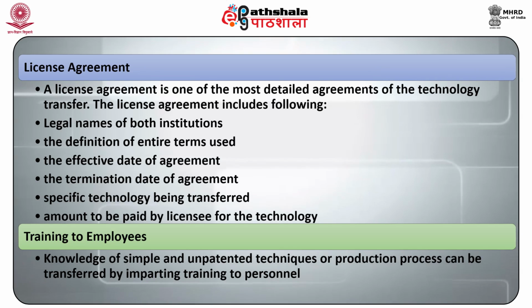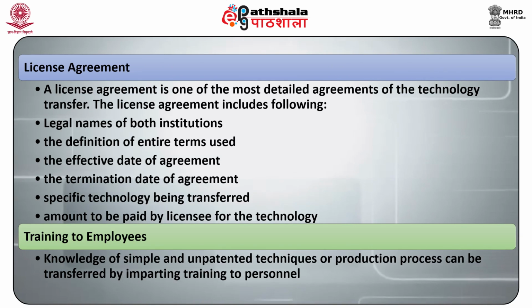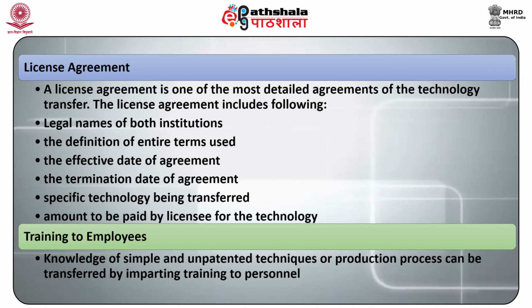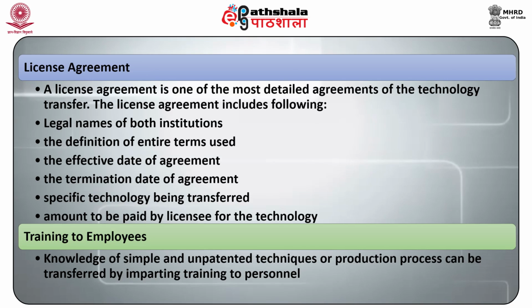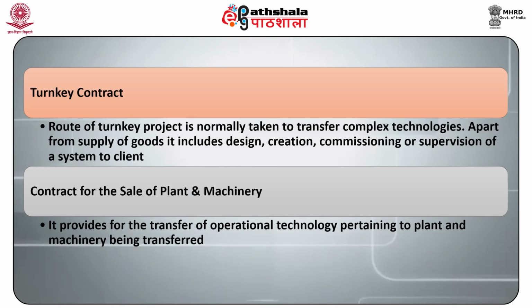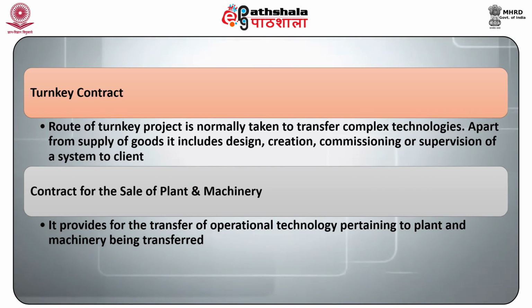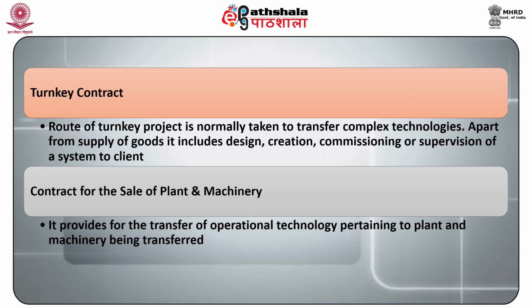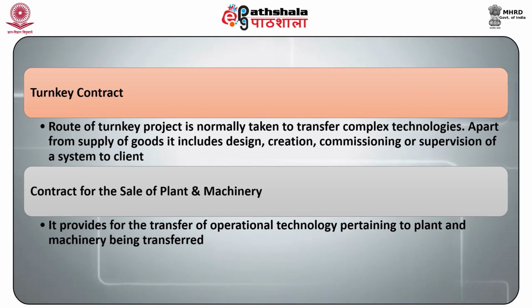Training to employees. Knowledge of simple and unpatented techniques or production processes can be transferred by imparting training to the personnel. Turnkey contracts. The route of the turnkey project is normally taken to transfer complex technologies.